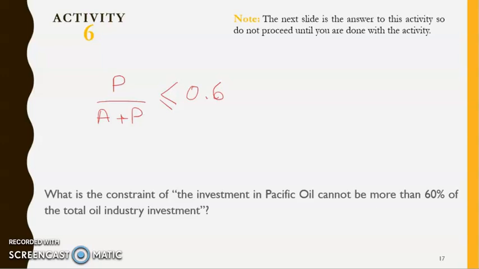But some of you continue to make it look better. So you make it that way: P smaller than 0.6 times (A plus P).